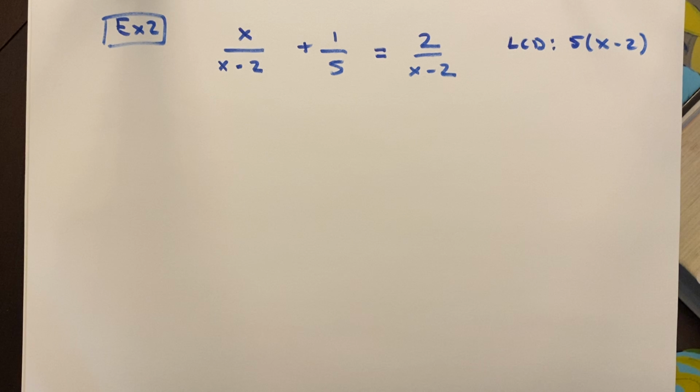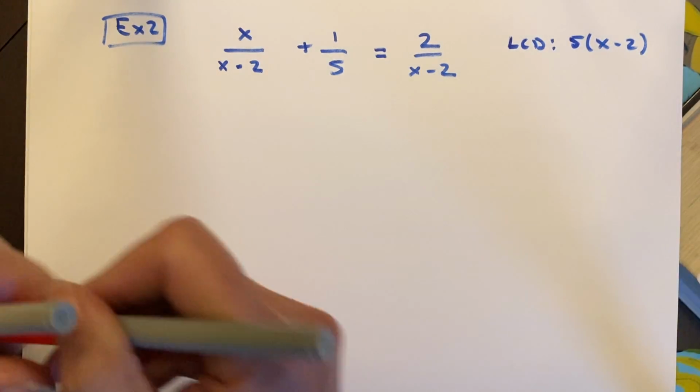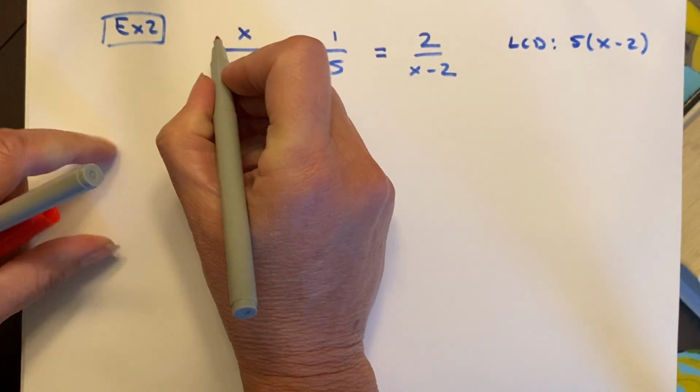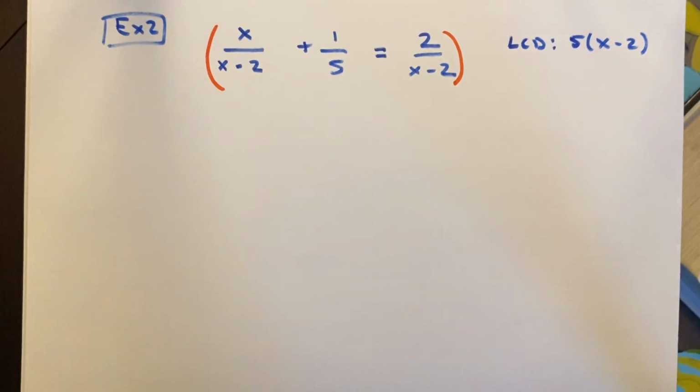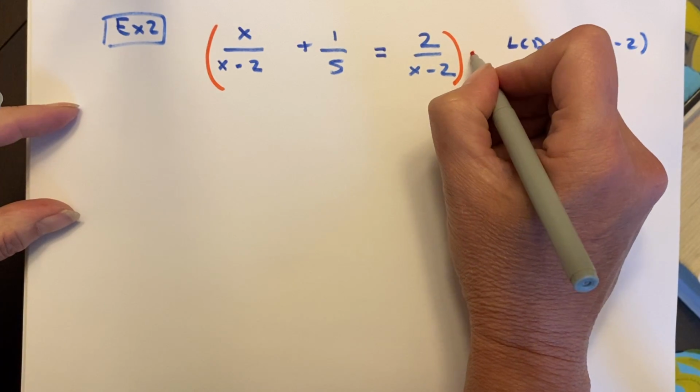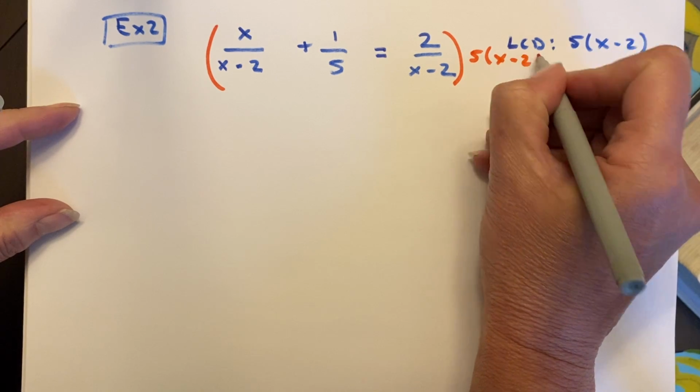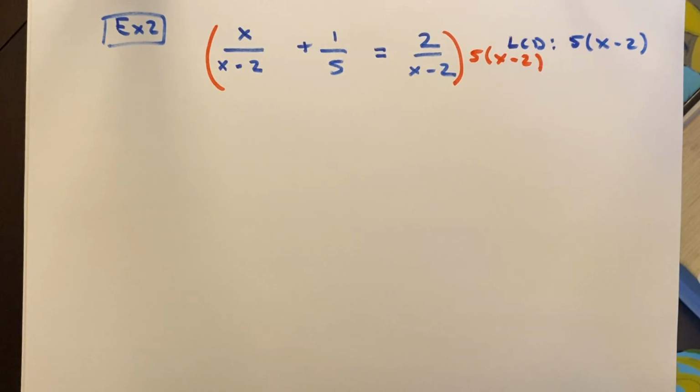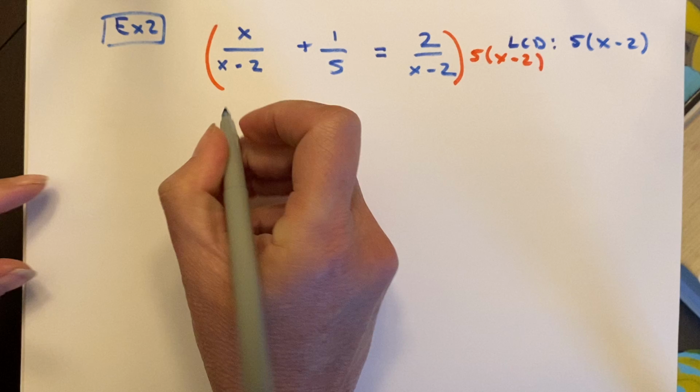So, in order to make sure that I take care of all of these fractions, I can multiply the whole thing by 5 times x minus 2, the LCD. So I'm going to multiply everything by 5 times x minus 2, my LCD. Let's see what happens.